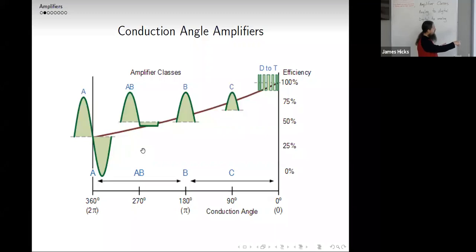The conduction angle amplifiers increase in efficiency from A up to C. So you can see, hopefully from this picture, the class A amplifier is on for the full period. Right, it's on the full time that you're getting input signal.